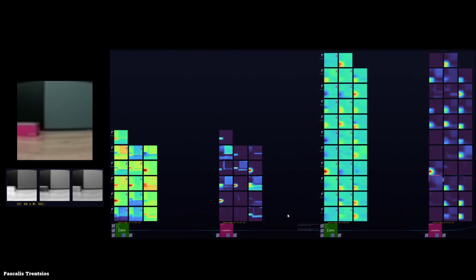Same if the target is on the left of the picture, you see that the activation takes place exactly where the target is in the picture.